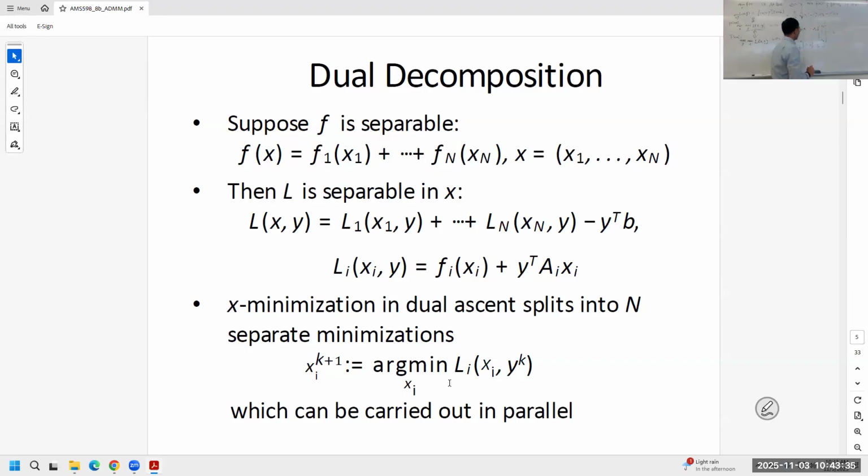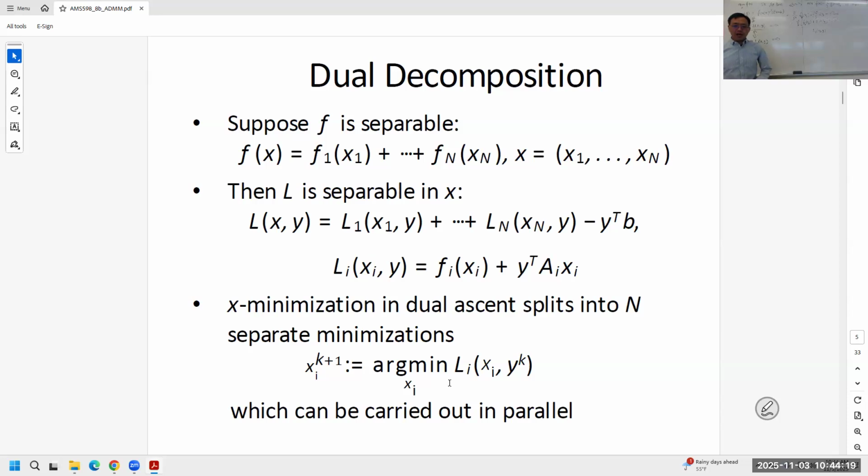Then this is the summation from j equals 1 to n of f_j(x_j) plus y transpose a x_j, minus y transpose b. This thing right here is your L_j(x_j, y), because it contains the Lagrangian.